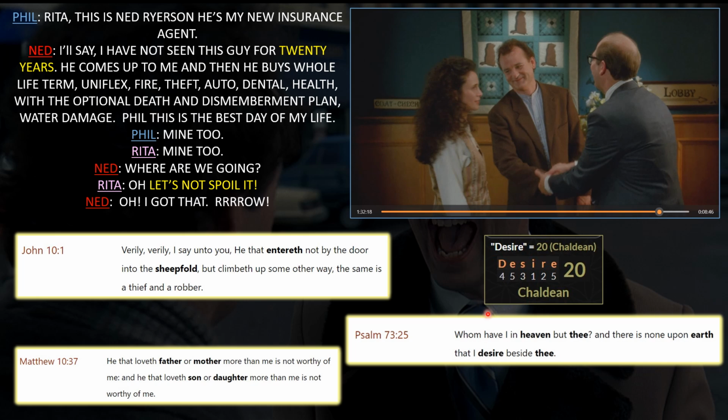The number 20 is a representation of desire in Chaldean. And the choice that Phil's making here is he's choosing Rita rather than Christ. And we'll see here in John 10:1, it says, "Verily, verily, I say unto you, he that entereth not by the door into the sheepfold, but climbeth up some other way, the same is a thief and a robber."